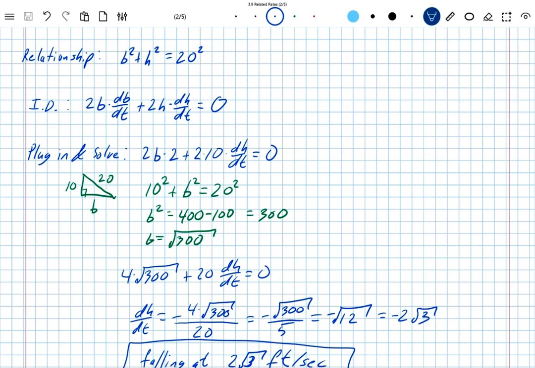In fact, if we were just bored or curious, we could solve for dh/dt here, and that is going to be 2b times db/dt over 2h. I lost a minus sign there. Those 2's also cancel. Oh, sorry, I don't need that dh/dt. It's just dh/dt that I'm solving for.